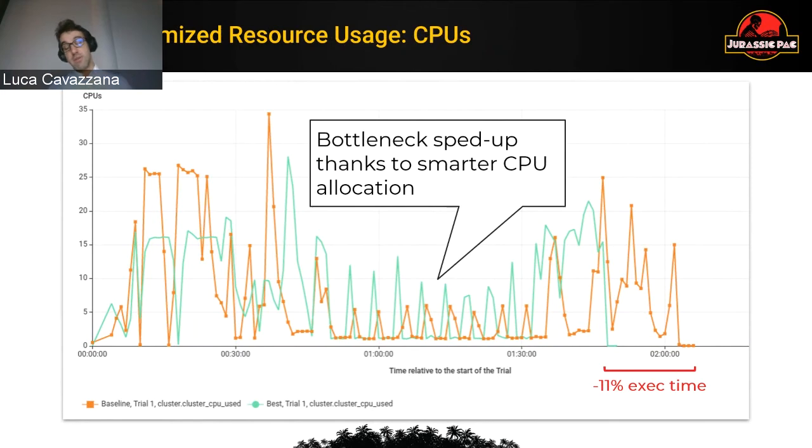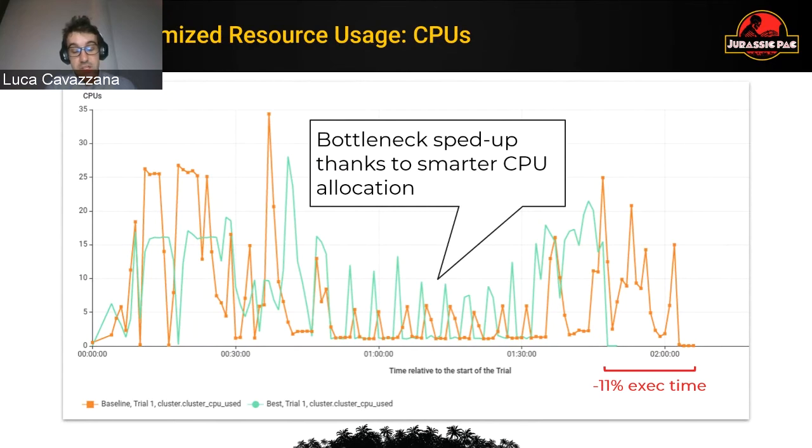So this optimization engine was able to understand that overall the application didn't need such a level of parallelism because most of the executors were idle for most of the time. You can see in this graph, where the orange line is the baseline and the green one is the average used CPUs during the execution of the test for the best configuration.